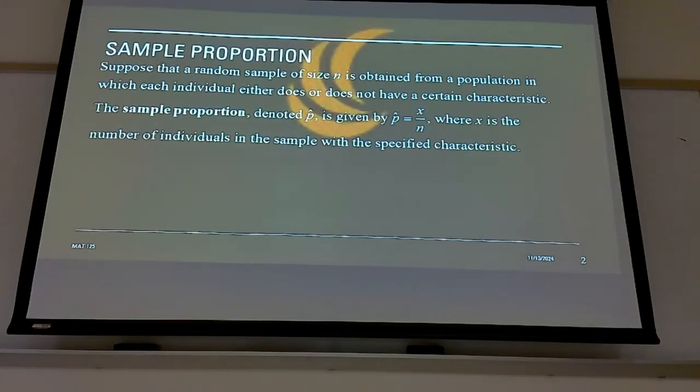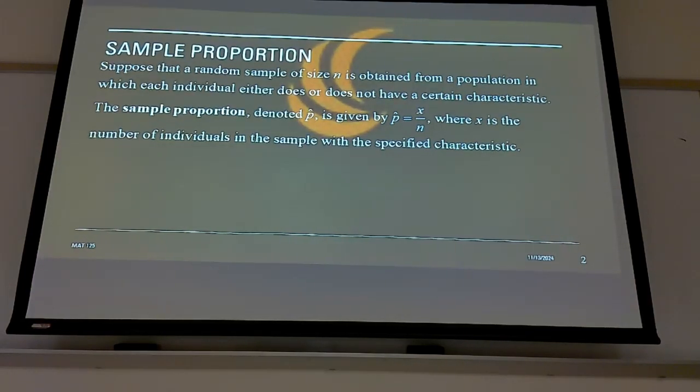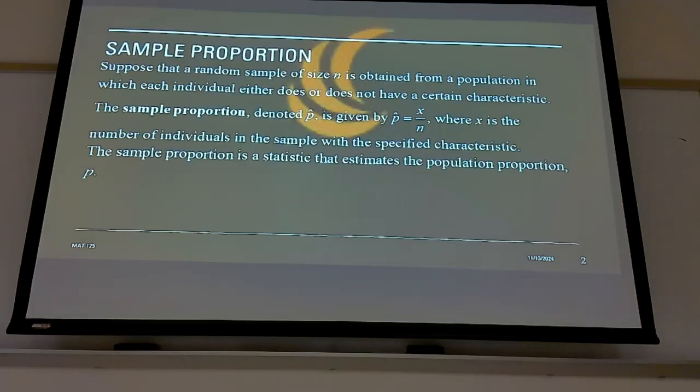The sample proportion is p hat, and it's the number of individuals in the sample with the specified characteristic divided by your sample size. Clearly, this is just a statistic that estimates the population proportion.